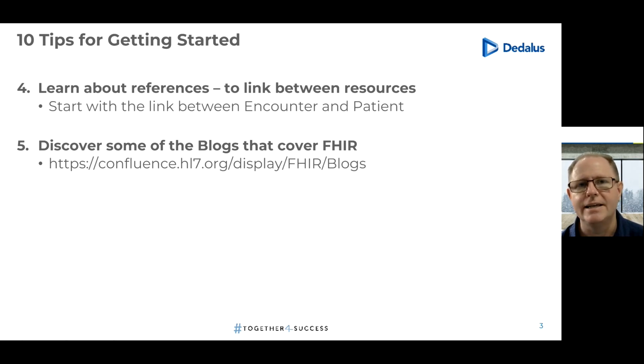So really understanding how references work allows us to understand how FHIR works, bringing things together. So start with a GP, being that relationship between a patient and a practitioner, or you can start with encounter and look at the patient's relationship to the inpatient events that they might have.